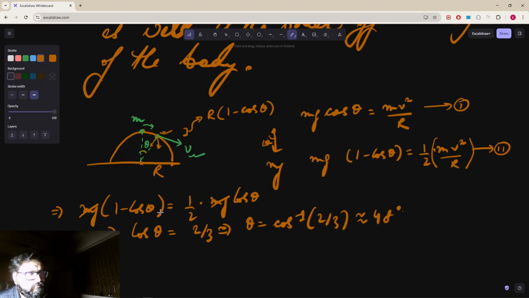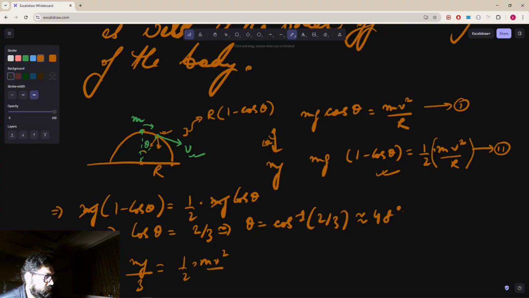In the second part of the question, I have to find out the velocity with which it left the sphere. That can be easily evaluated by this expression. I just need to put in the value of cos of theta there. If I put in cos of theta equal to 2 by 3, I'll get mg divided by 3 is equal to half times m v square by r.